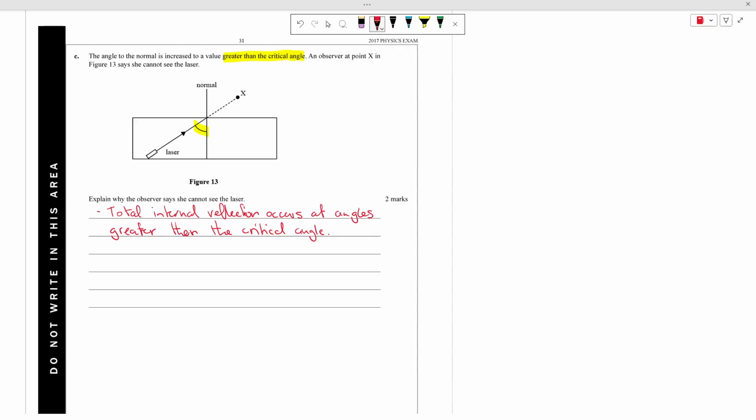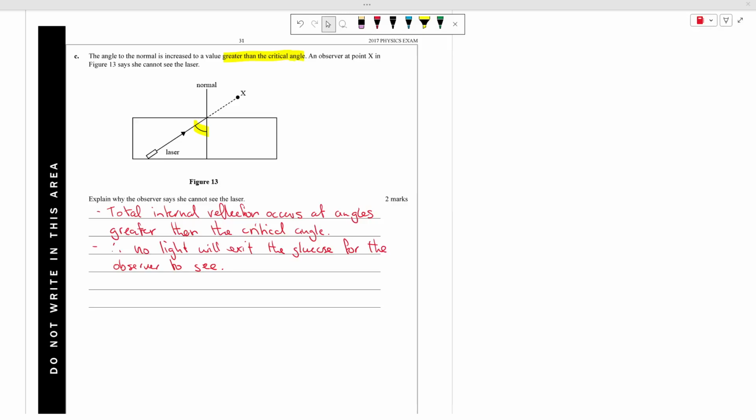Okay. Therefore, no light will exit the glucose for the observer to see. Okay, I don't know how else I could put that.